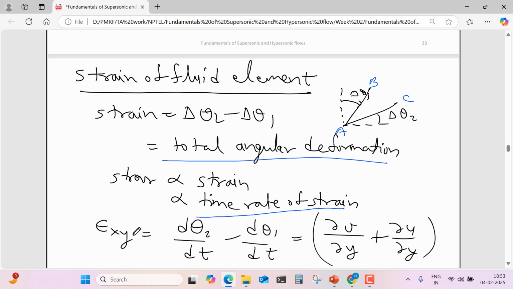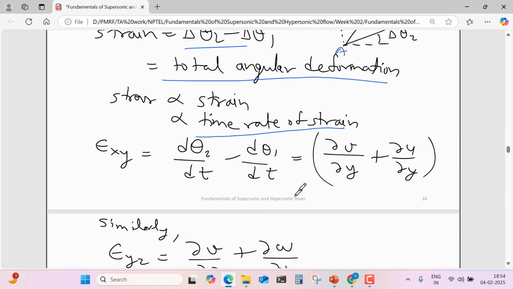And this time rate of strain is given by epsilon. So epsilon xy equals d theta 2 by dt minus d theta 1 by dt. Similarly, we have taken the derivative of this. d theta 2 by dt is given by dou v by dou x, and d theta 1 by dt is given by minus dou u by dou y. So it will become like this.